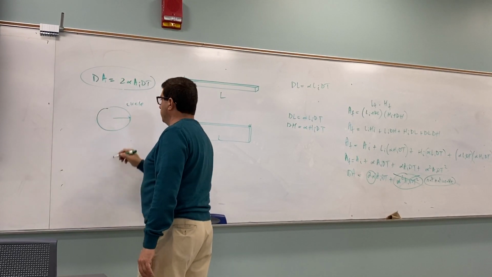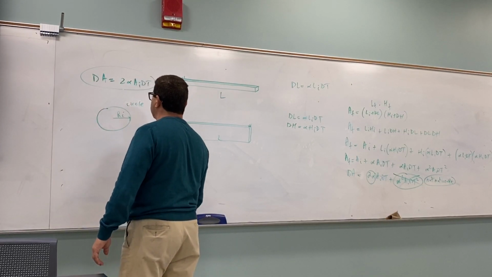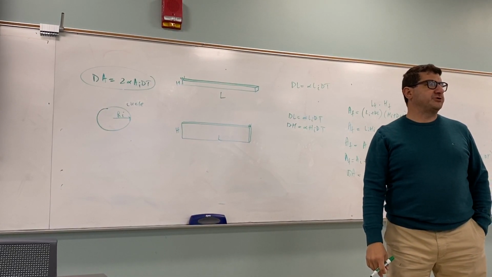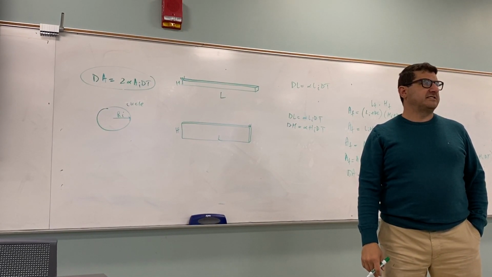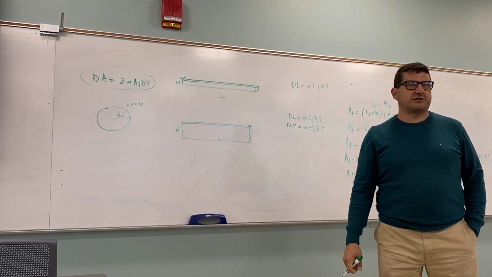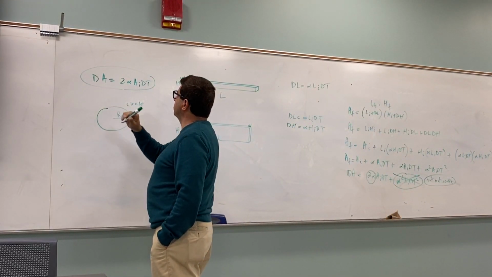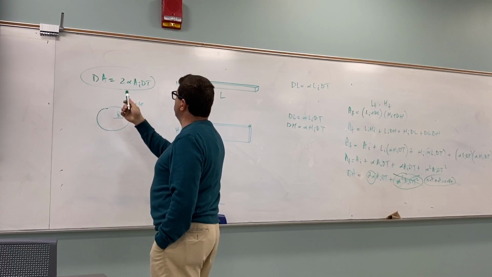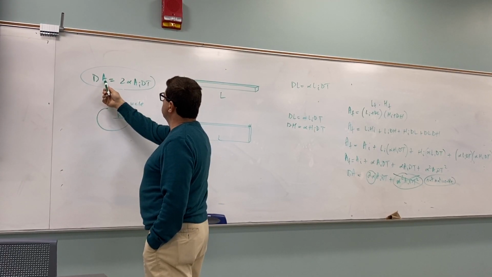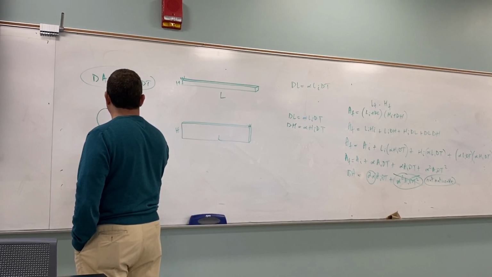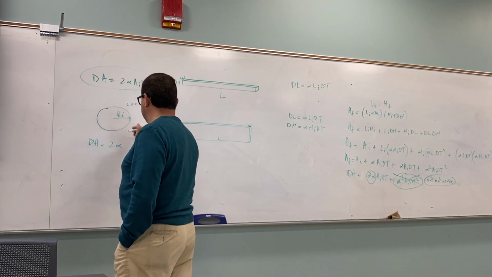And it has an initial radius of r. What's going to be the final radius of the object when I heat it by a certain temperature? Can I increase this? I should be able to use this equation, right? Yeah. I could say delta A is going to be 2 alpha, what's the initial area?